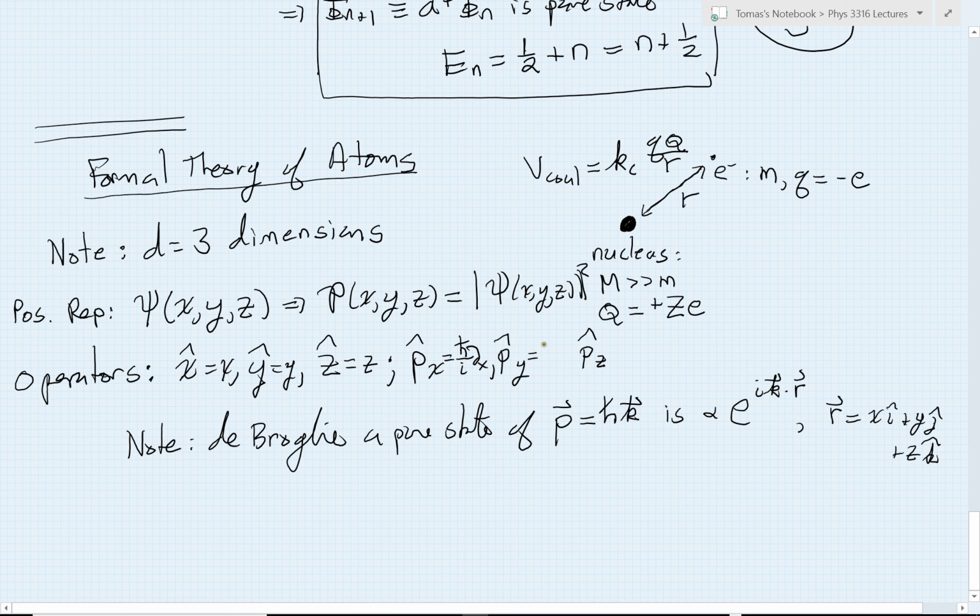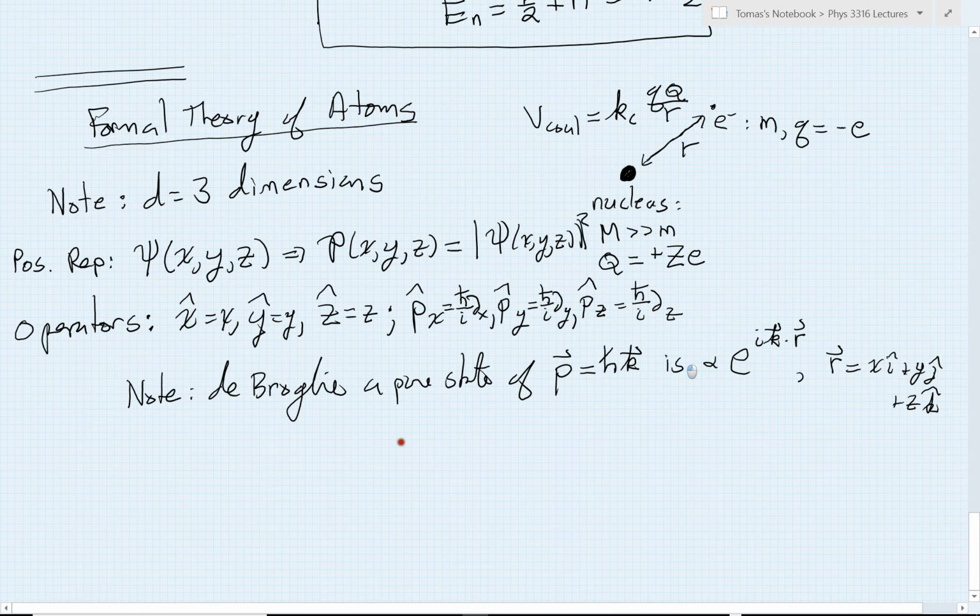I will likewise have the same combinations for the y momentum. I take the y derivative to pull out k_y from the dot product, and for p_z, it's h bar over i d by dz. So that shows us how we would quantize any problem in 3 dimensions.